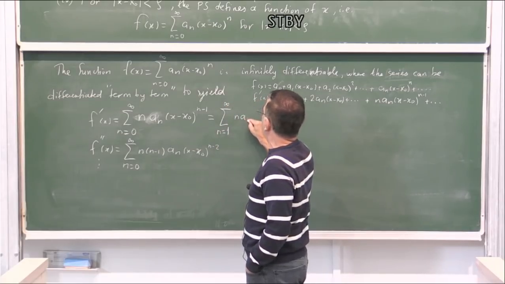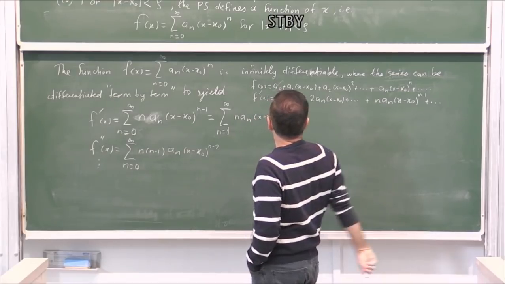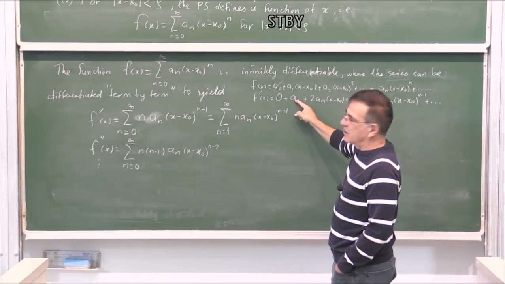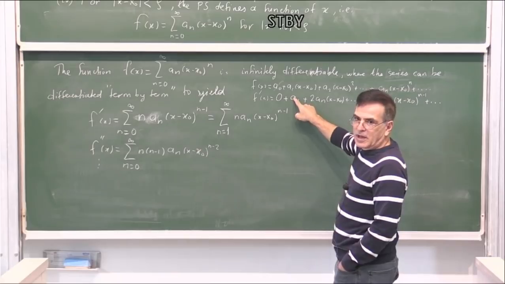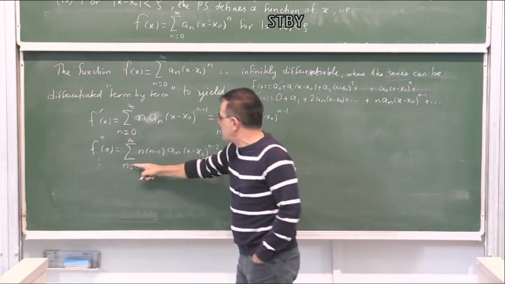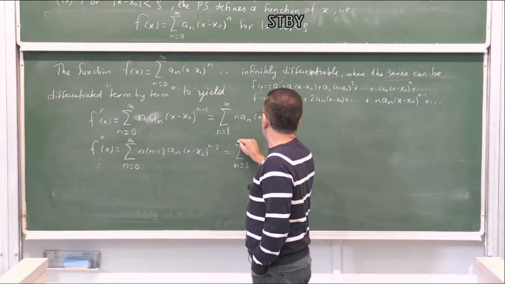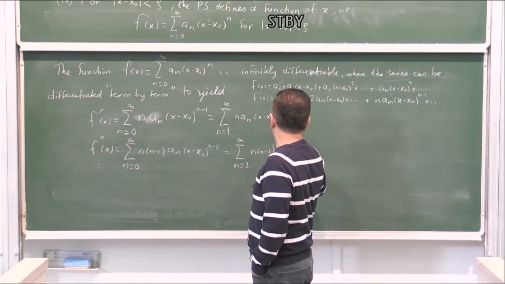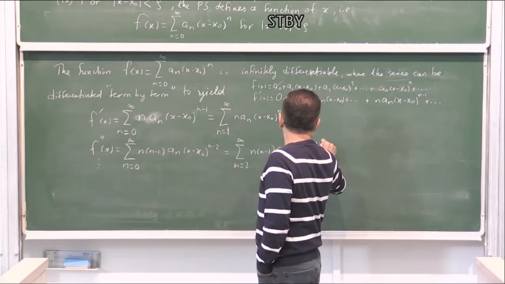n a_n (x minus x0) to the n minus 1. Similarly, when you take the second derivative, the derivative of the second term becomes 0. So you can start this series from 2: n (n minus 1) a_n (x minus x0) to the n minus 2.